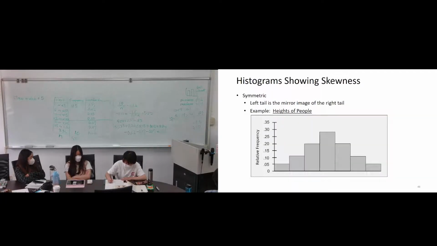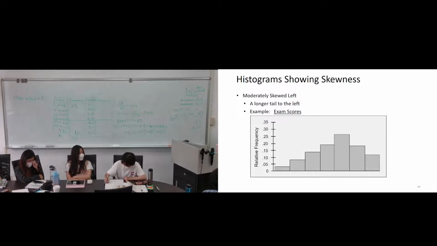What does symmetric mean? Symmetric means that the left tail is a mirror image of the right tail. So the right tail and left tail are mirrored. That's symmetric. The height of people shows the symmetric shape.